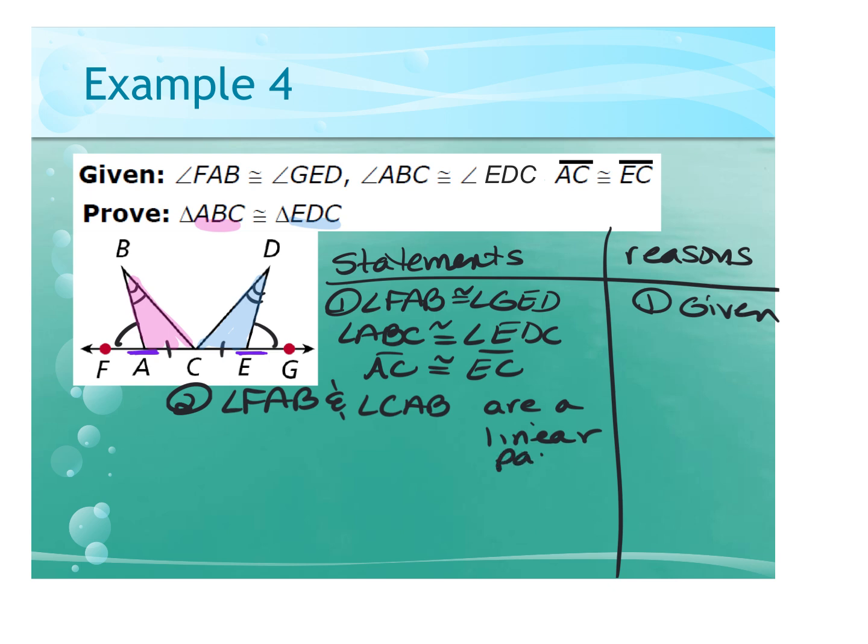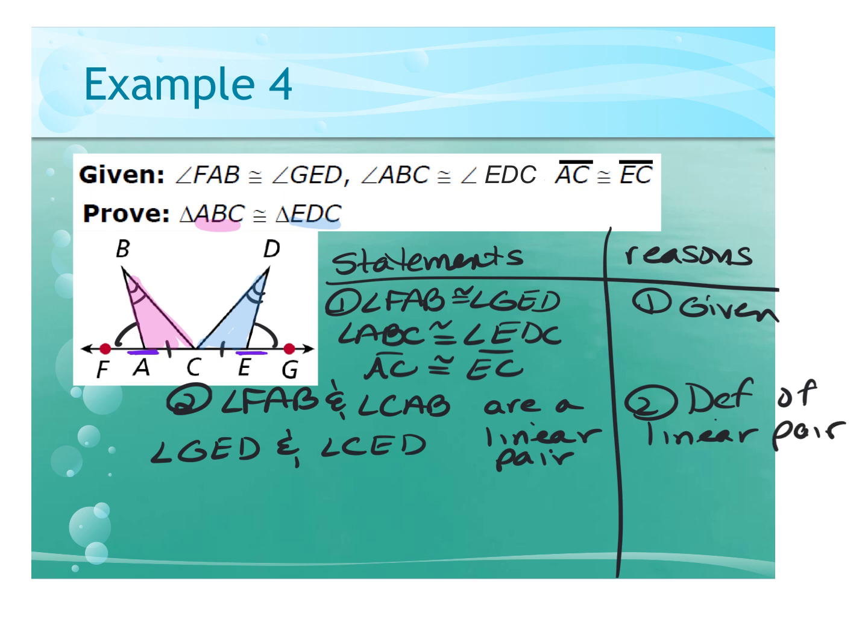I'm going to show the other linear pair for the blue triangle, and I can show that GED along with CED is also a linear pair. And this is definition of a linear pair.